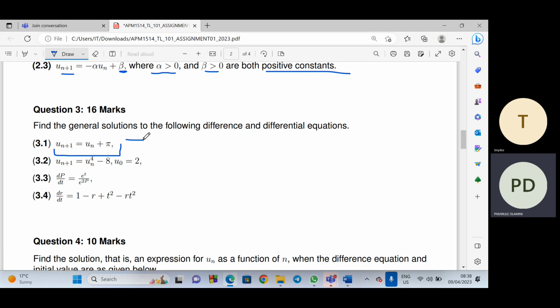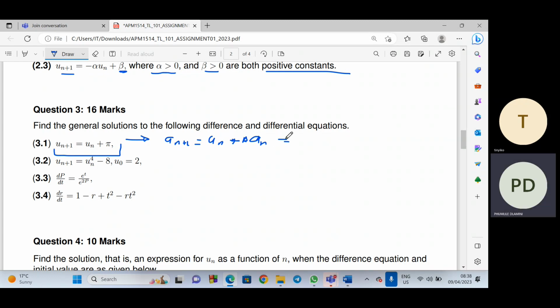So you go back to the equation that we used to do. Our equation is like that: a_{n+1} equals a_n plus the change, which is the change in delta, the change in a_n.